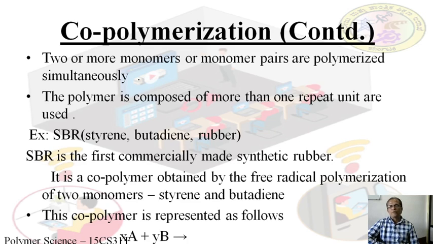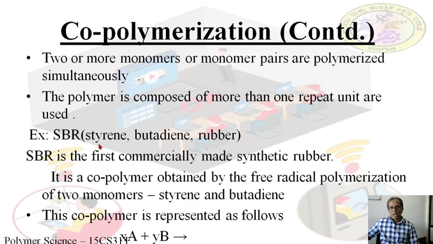SBR is the first commercially made synthetic rubber. It is a copolymer obtained by free radical polymerization of the monomers styrene and butadiene. This we can represent by the equation with A and B. A is one type of monomer, B is another type of monomer.